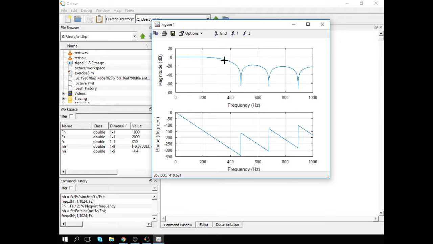Good. Nice. So we have a relatively flat pass band, and we have a cutoff frequency at 350 Hertz, what I wanted.